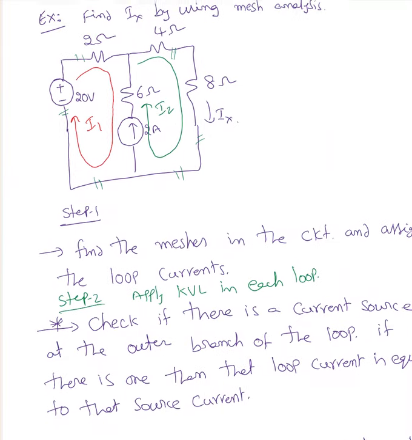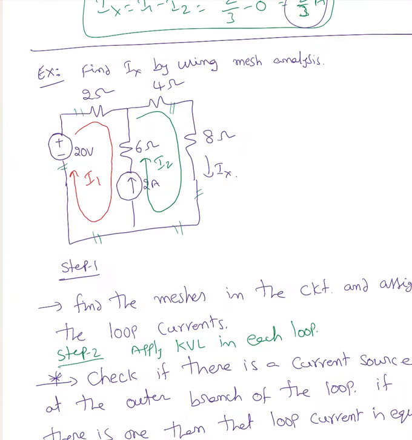Here I can clearly see there is a current source between two loops, so I'm going to write the super loop equation. Super loop is nothing but, wherever you see the current source, leave that current source and walk around those two loops, or two meshes.